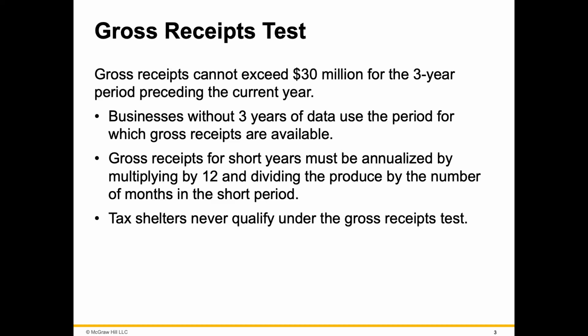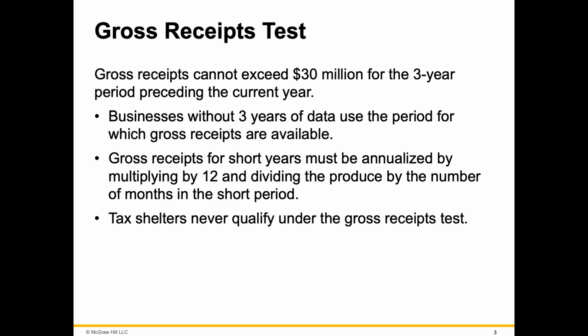So here's a breakdown of how this works with, first of all, the gross receipts test. For businesses, gross receipts cannot exceed $30 million for the 3-year period preceding the current year. So there is a $30 million threshold.